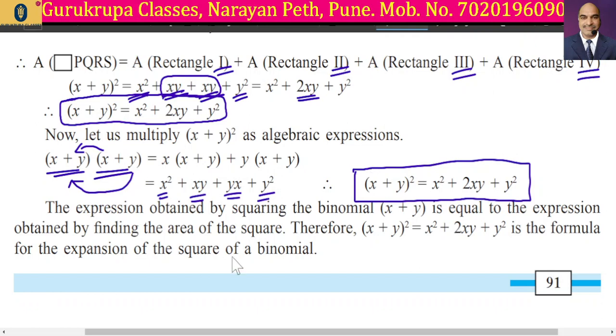So therefore x plus y whole square is equal to x square plus 2xy plus y square is the formula we got for the expansion of the square of a binomial. If a binomial is given and you have to make the square of that, we can use this formula.